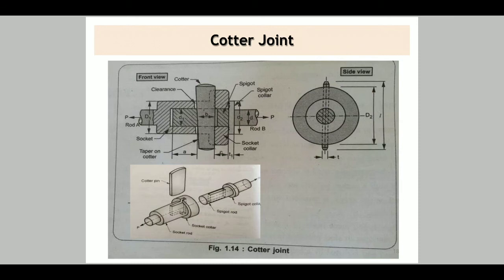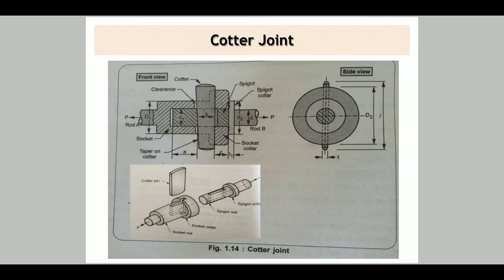We have also seen the width of the cotter is tapered from one end to the other end because it helps easy removal of the cotter pin from the slot, and due to wedge action it becomes tight and ensures tightness of the joint.